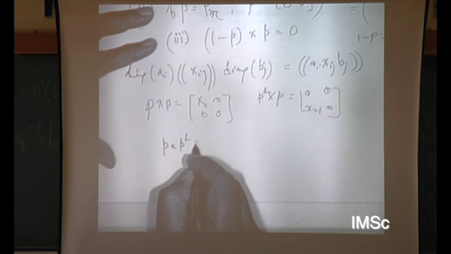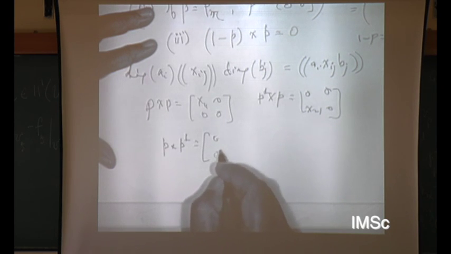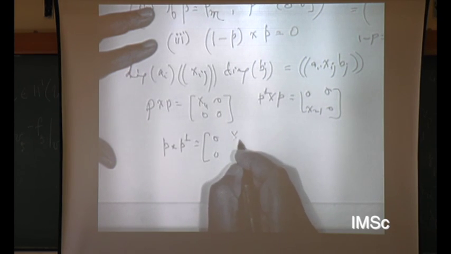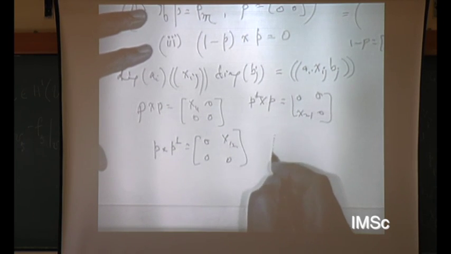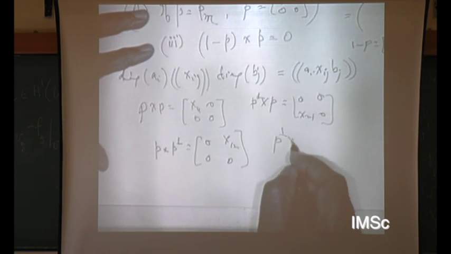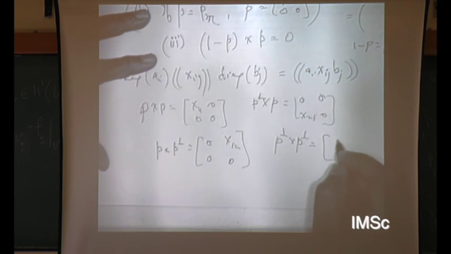PXP perp will be 0, 0, x12, and P perp XP perp will be x22.